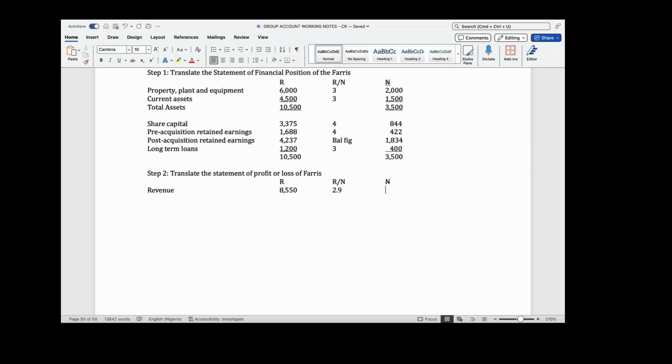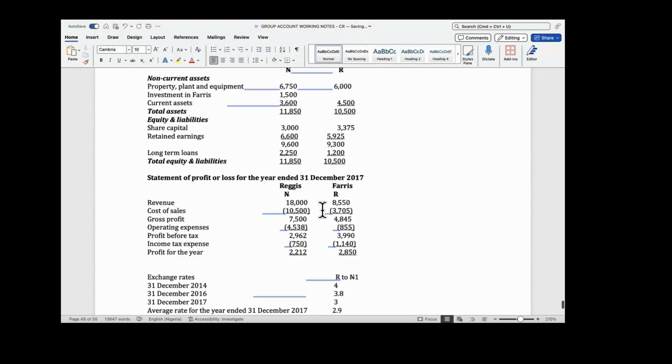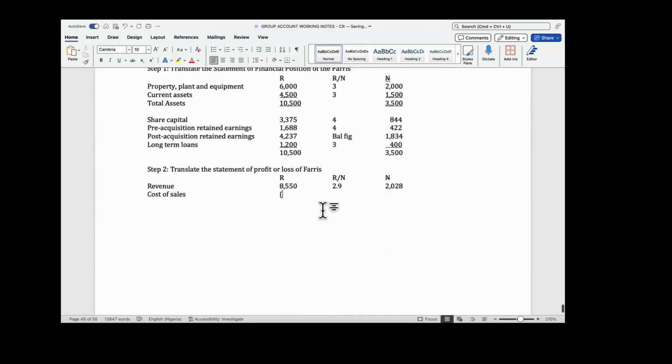Okay, 2027, 28. Let me just extract it. 2028. Okay. Let me extract all figures first. 3705.